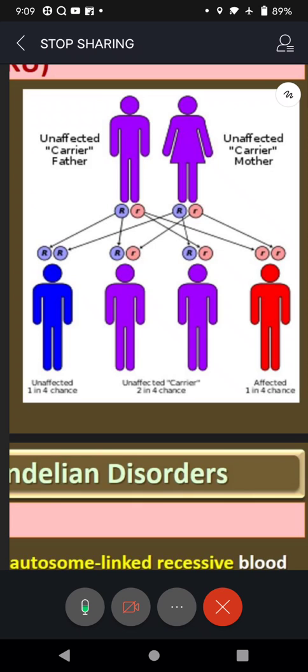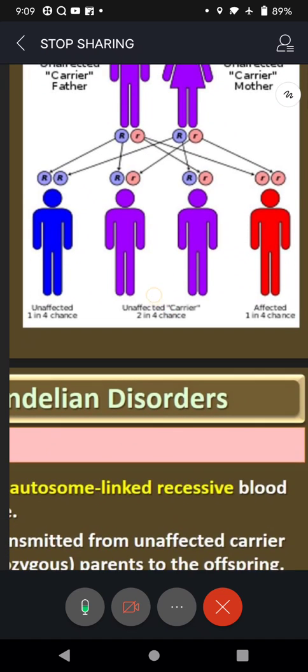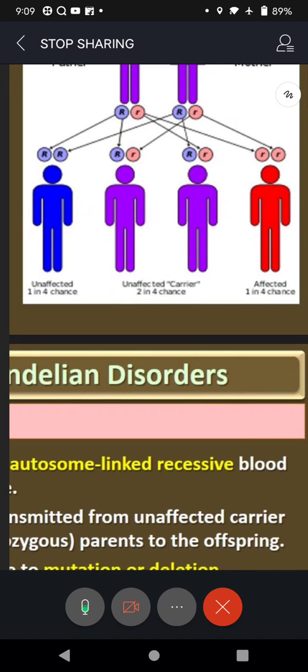Now, what is the possibility of the children among them? One is unaffected, two are carriers, and 1 out of the 4, meaning 25%, is affected. Why affected? Look at that, the deleterious, the lethal gene is coming from both. So double recessive. Okay, and it is autosome. Do not think of X chromosome or Y chromosome.